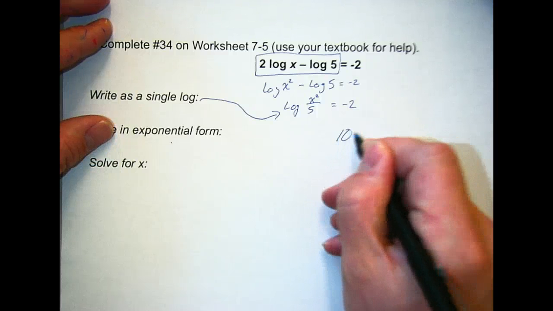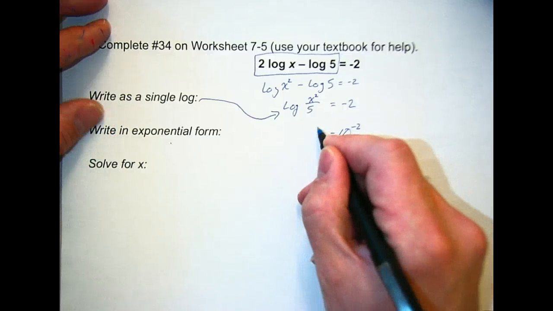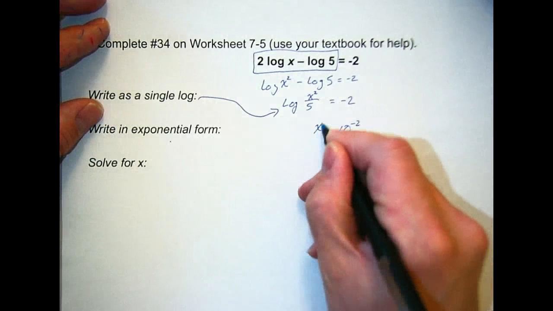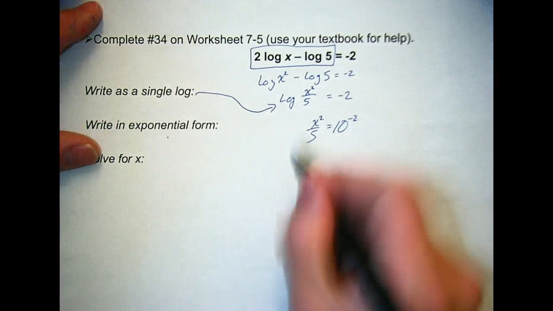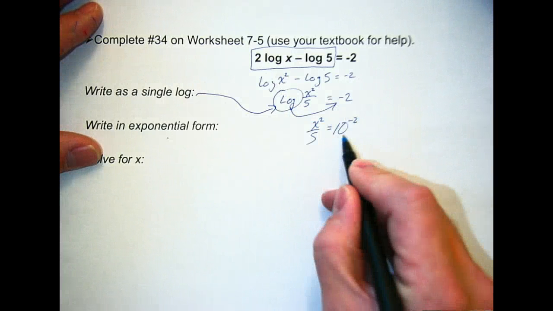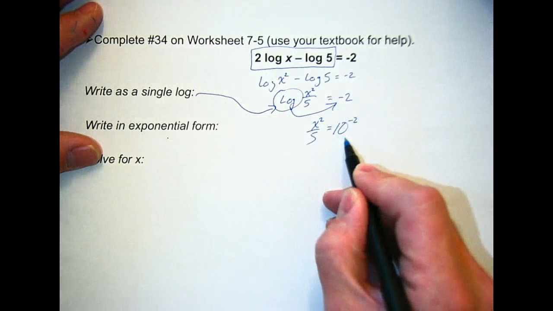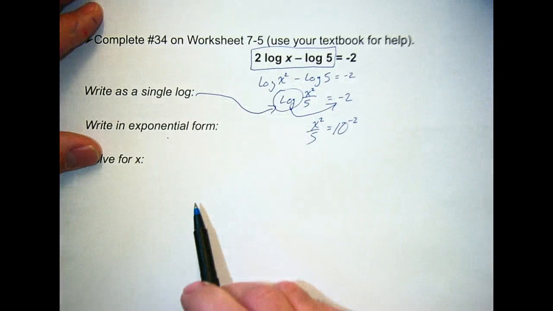Base 10. 10 to the negative second equals x squared over 5. Now, some of you, because you're really good with algebra, you just need to see something moving. Okay, well, here's what's moving. That moves over and it transforms to that. Okay, there's the algebra for you. The x squared's there. Now I didn't do much algebra.